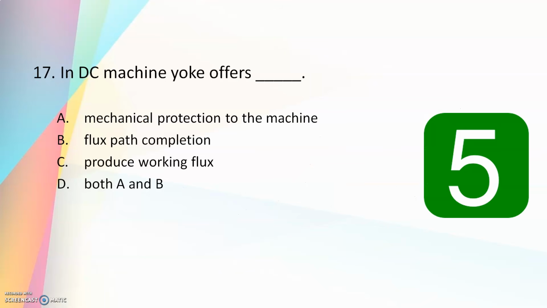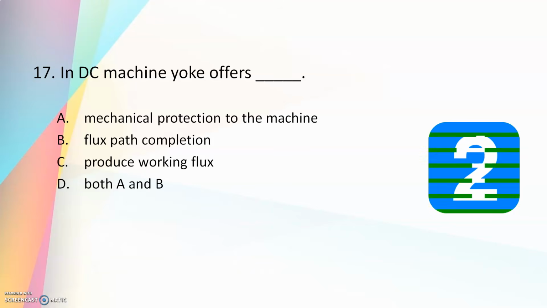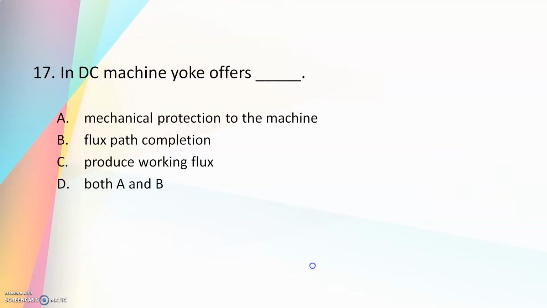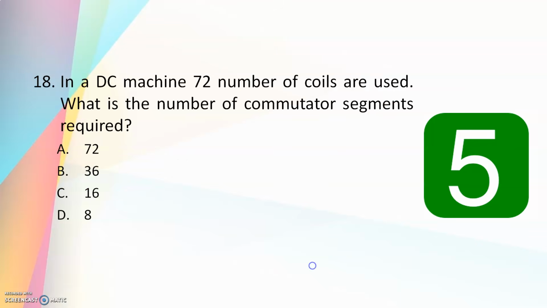In DC machine, yoke offers mechanical protection to the machine, flux path completion, produce working flux, or both A and B. And the answer is both A and B because yoke offers mechanical protection to the machine and also provides a flux completion path.